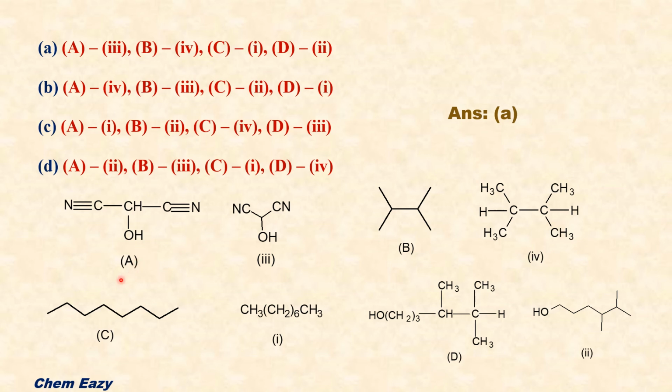It means structure A matches with structure 3, B with 4, C with structure 1 and D with structure 2. So which is the right answer? Answer A. So this is the right answer for this question.